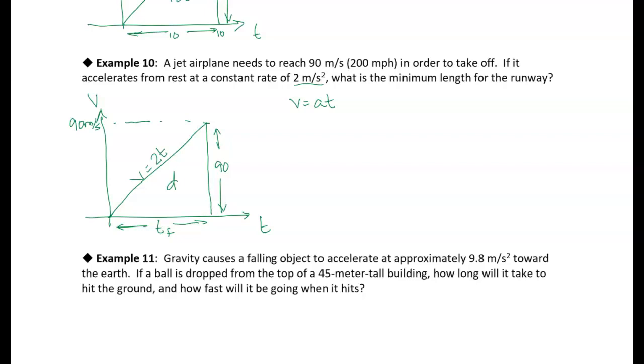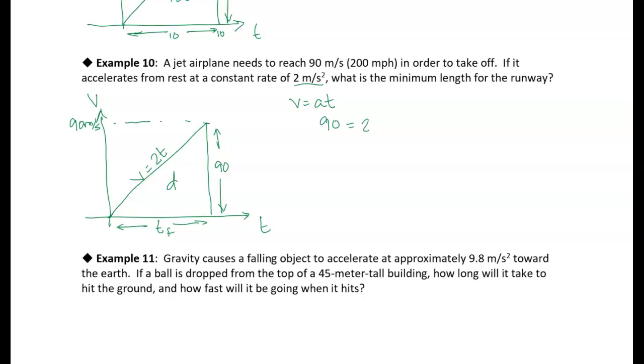All right, so we've got to figure out, in this case we're trying to find the distance, right? We know the final velocity, but we don't know how long it takes. But we could easily figure that out because we know that the final velocity is 90.